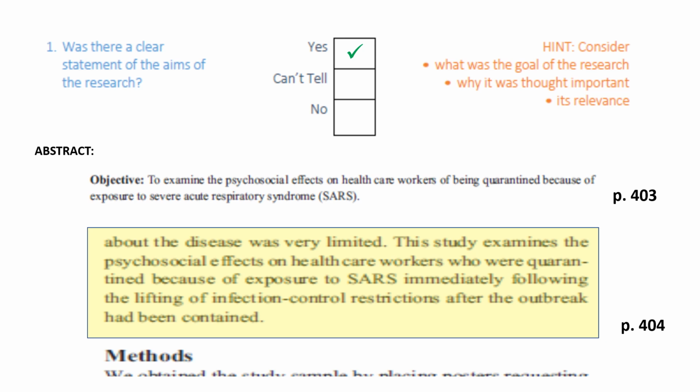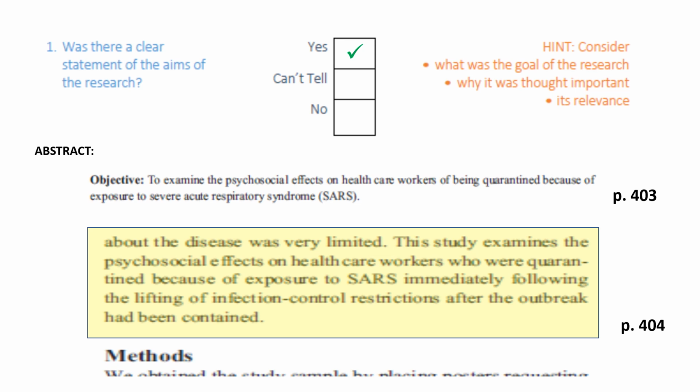So the first of the questions of the CASP checklist is asking, was there a clear statement of the aims of the research? It is always a good technique with any critical appraisal of a research study to go first of all to the abstract. You can then get a helicopter view of the study as a whole, its design and methods and its main findings and conclusion.